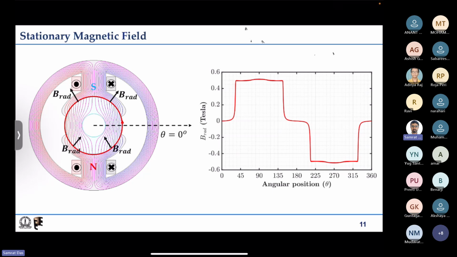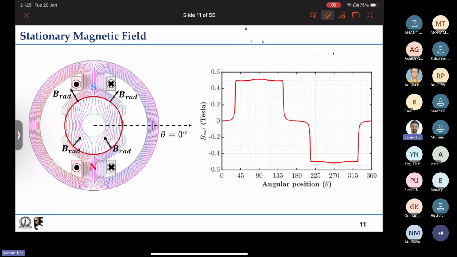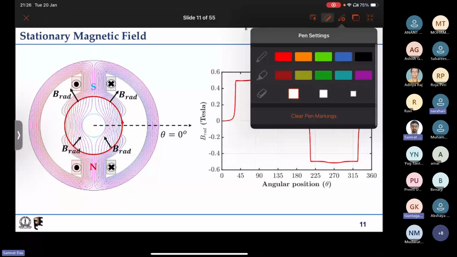You can see nothing is there in the rotor. It's only a cylindrical ferromagnetic body, no conductors, nothing. So we are only exciting the coil and looking at the field. This is how the stationary magnetic field looks. We'll see why back EMF comes and other things later.